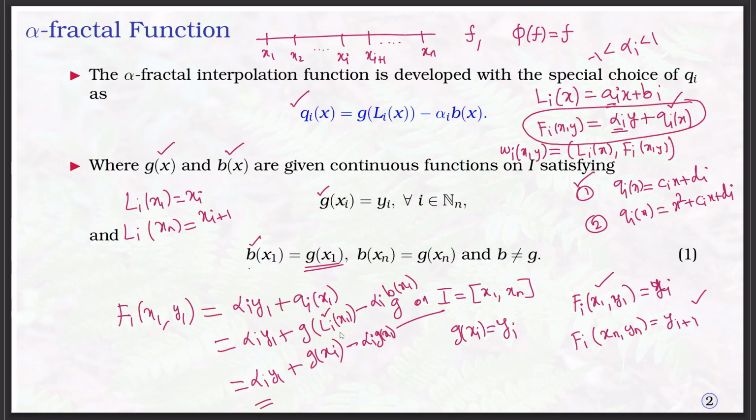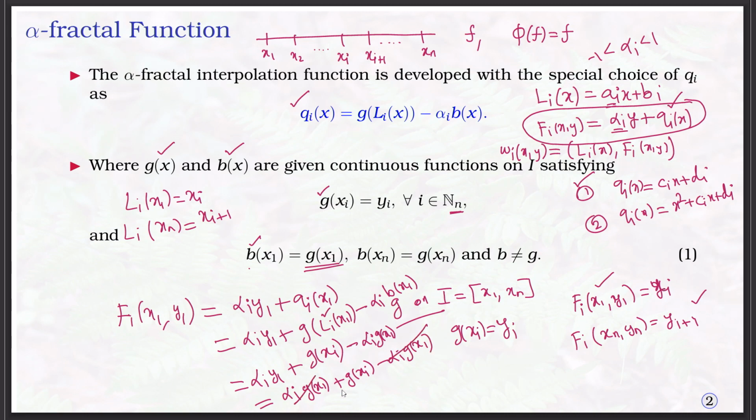So, actually what is the function g? g is such that for all i belonging to 1 to n, g of xi equals yi. So, alpha i y1 can be written as alpha i y1 can be written as g of x1, because if you are taking i equal to 1, then g of x1 equals y1, plus g of xi minus alpha times g of x1.